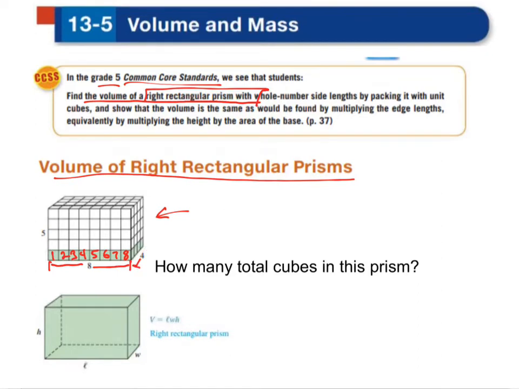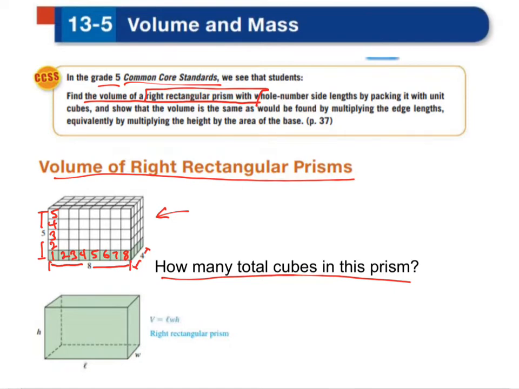So the bottom is 8 by 4. And it's 5 cubes tall. All right. So how many total cubes are there in this prism?